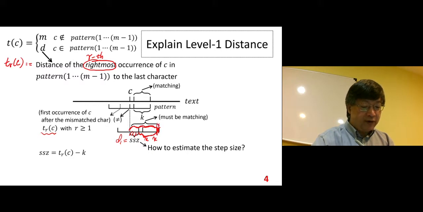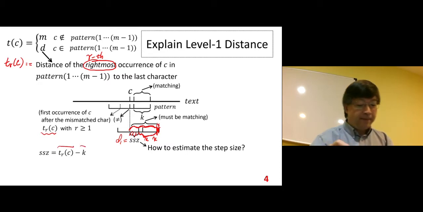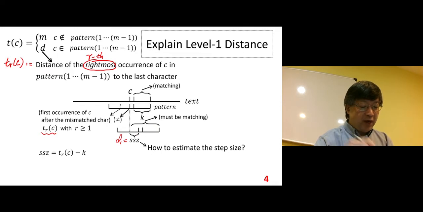That's T sub R of C minus K. From the diagram, except that we remove the last character, both cover these K characters, so we subtract those K characters. Then the difference is the step size. So we get this for our step size.